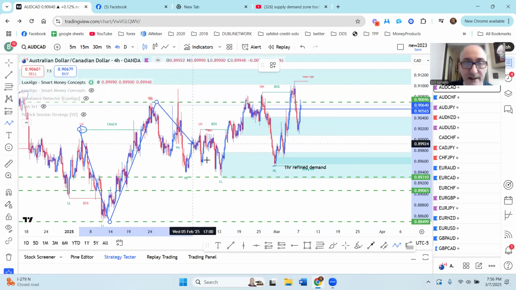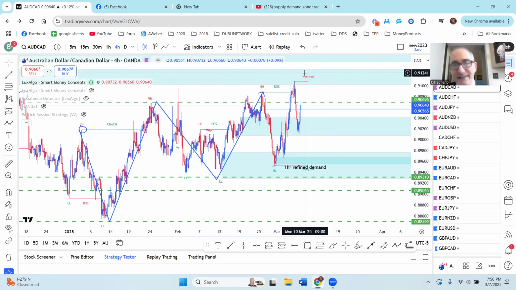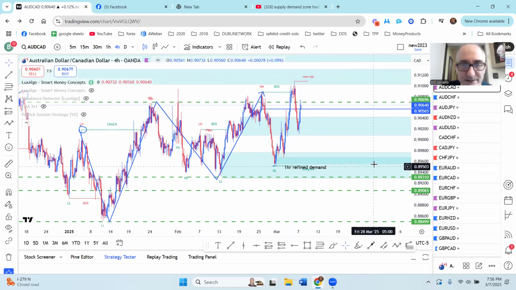Then we got a pullback and a break of structure to the upside, and that break of structure tells us we want to look for long positions in AUDCAD. Not the greatest setup, but there you have it.